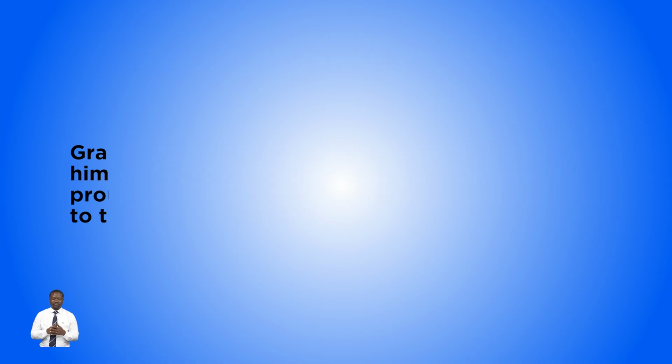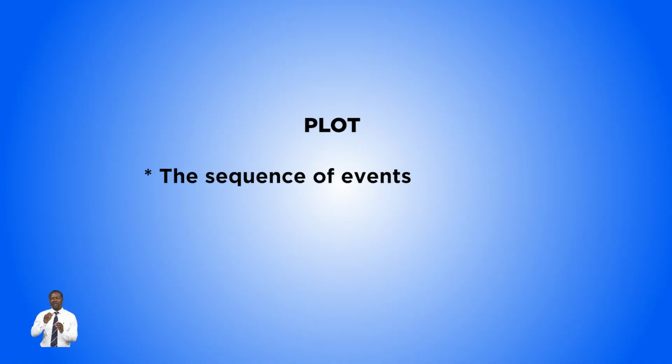Good. Before we end today's lesson, let's recap what we have discussed together. We discussed the elements of plot, but what did we say plot is? We said it is the series of events that happened in a story.